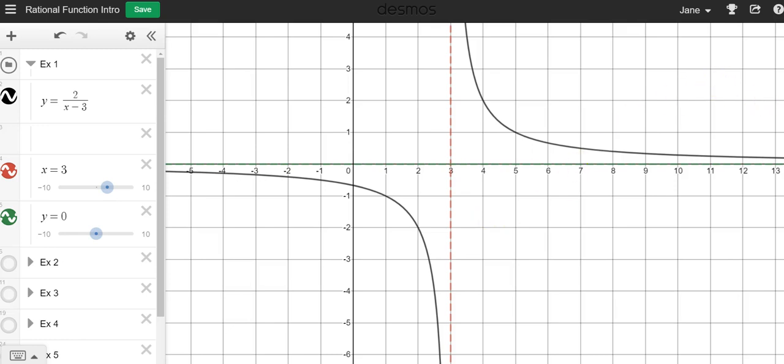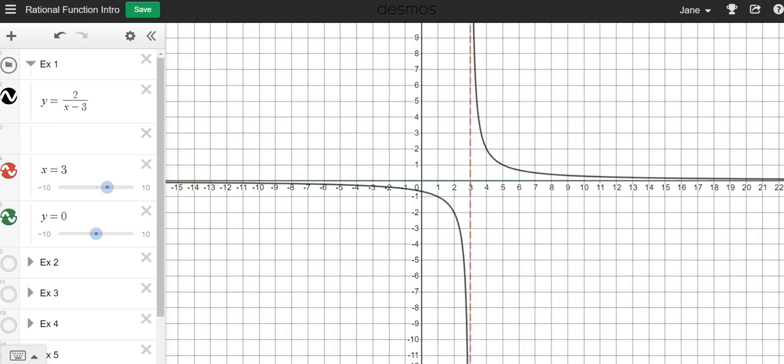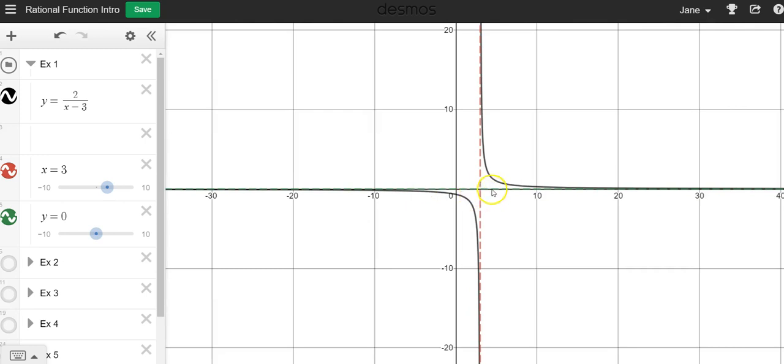If I were to zoom out on this graph, as we zoom out, we see that in the long run, as x gets really, really big in the positive direction, or as x gets really, really big in the negative direction, in other words, as x goes to infinity in either the positive or the negative direction, y gets close to 0. Let's look at a reason for that.